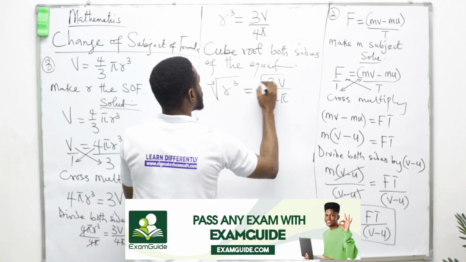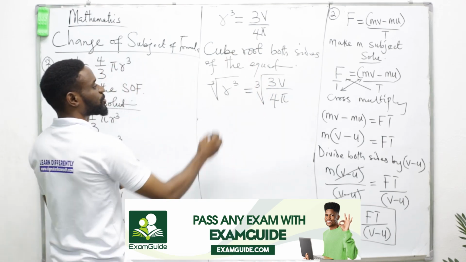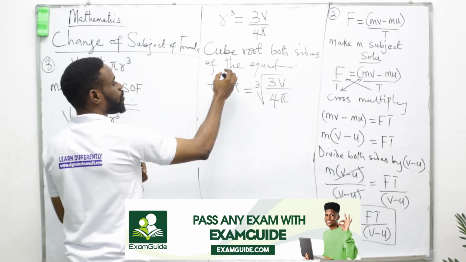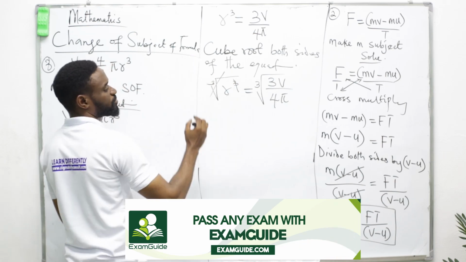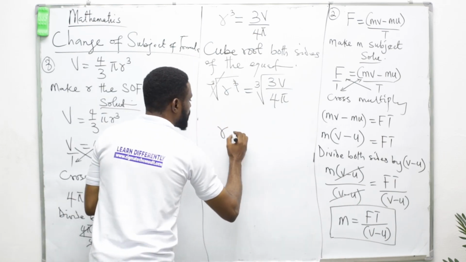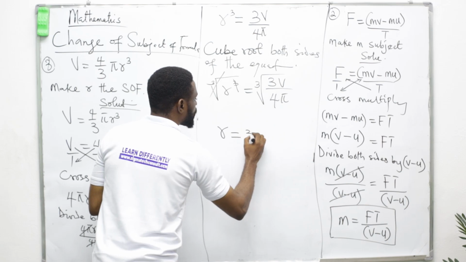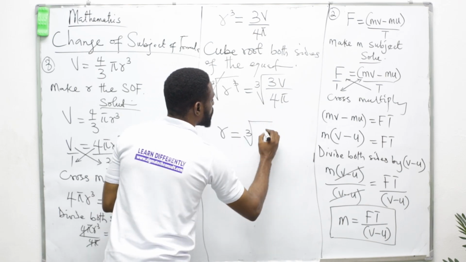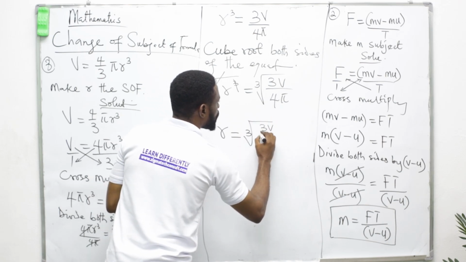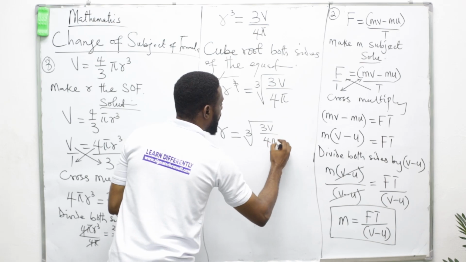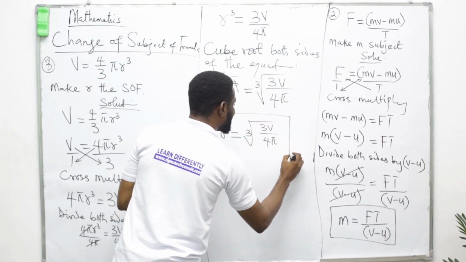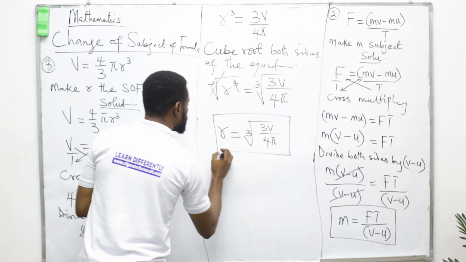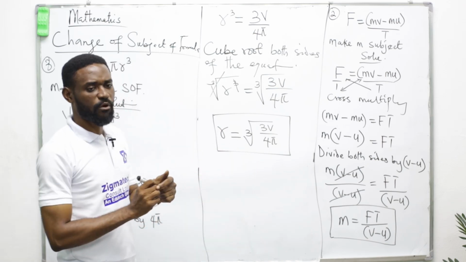You get that? So we remove the cube root so that R becomes the cube root of 3V over 4 pi. This is our subject of the formula.